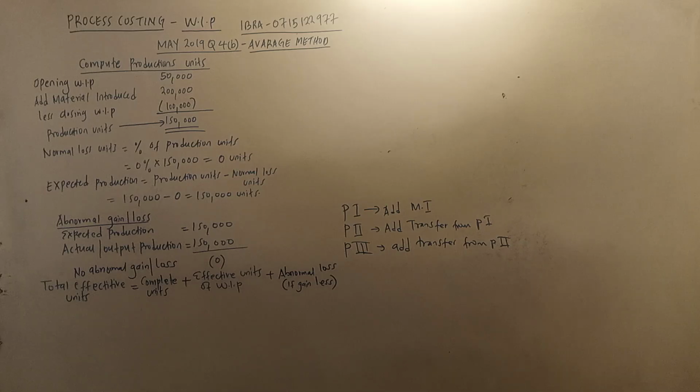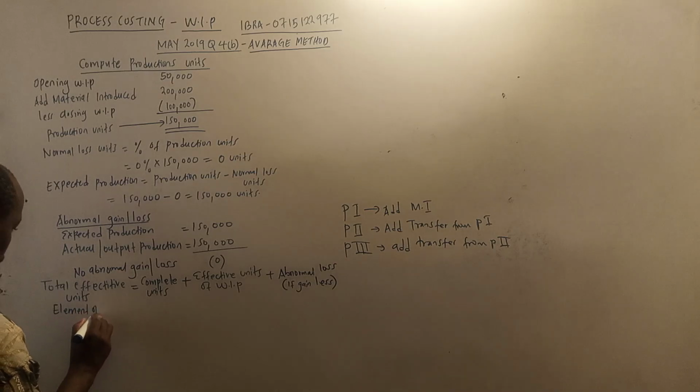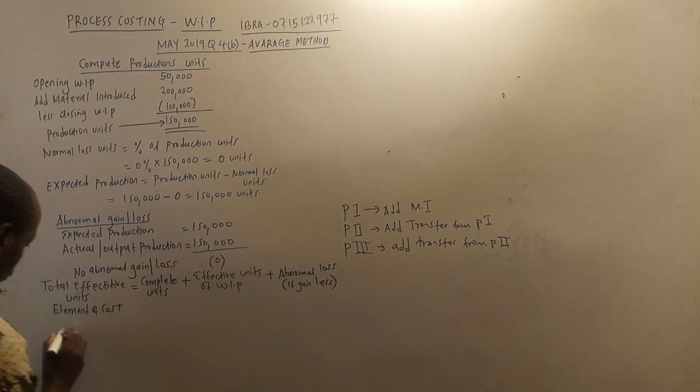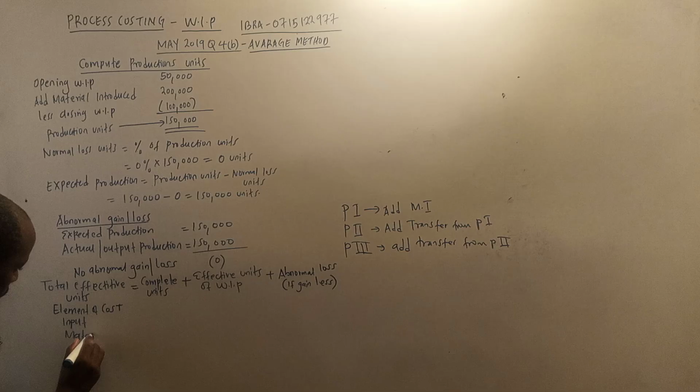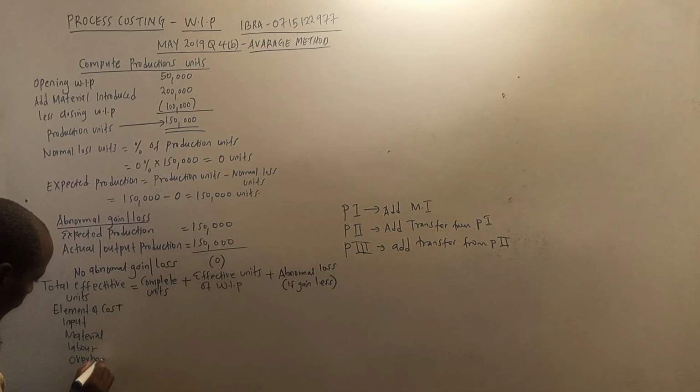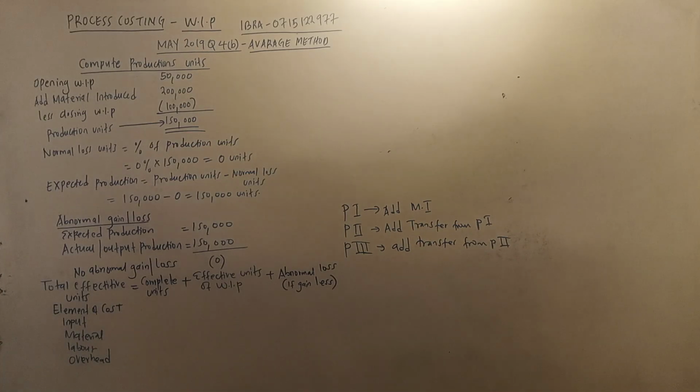So what you do is just say element of cost. We have the inputs as usual: material, labor, and then overhead. Yes, it's okay, so we can just draw a table.